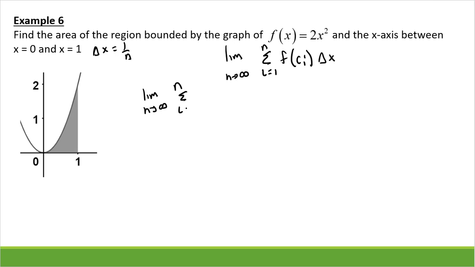So 2 times i over n squared times delta x. Simplifying all that out, bring out anything that had an n in it, using those formulas from the very beginning of class.